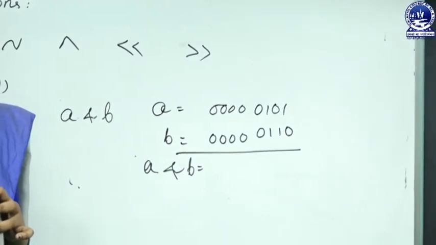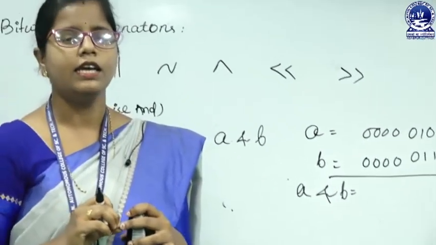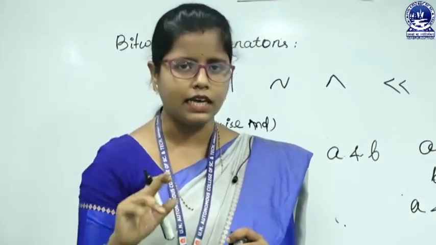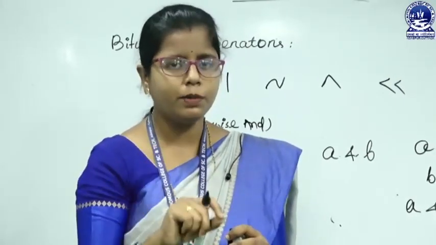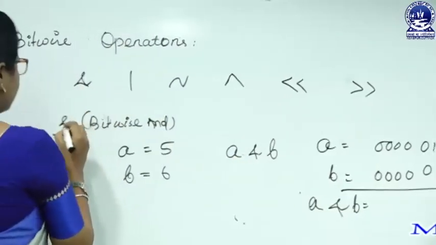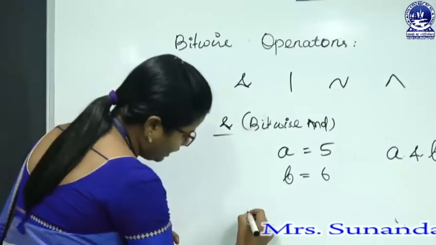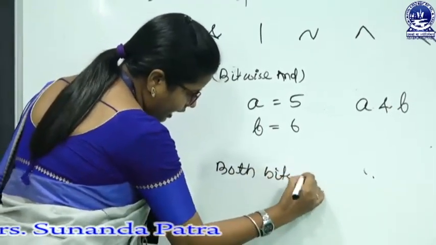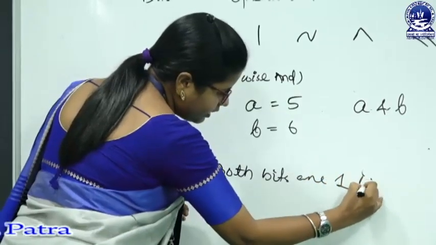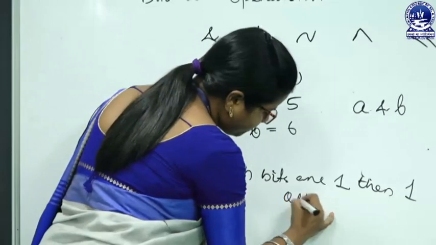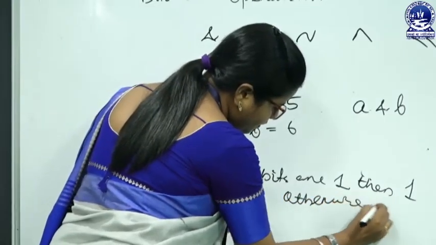The rule for the bitwise AND operator: if both the bits are 1, then the result is 1. If one of the bits is 0, then the result is 0. Otherwise 0.